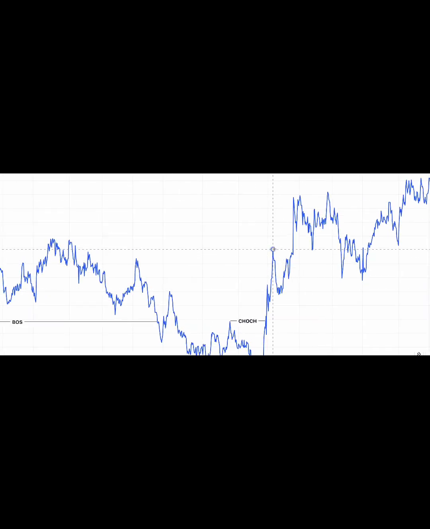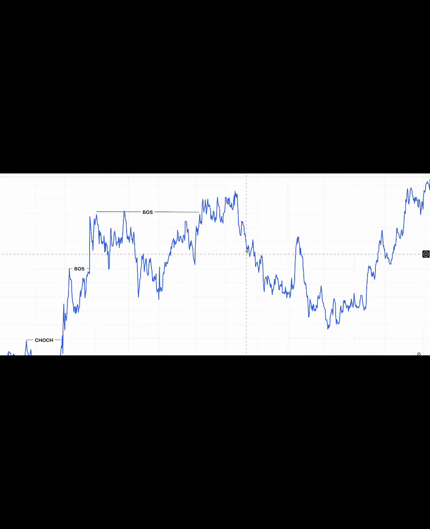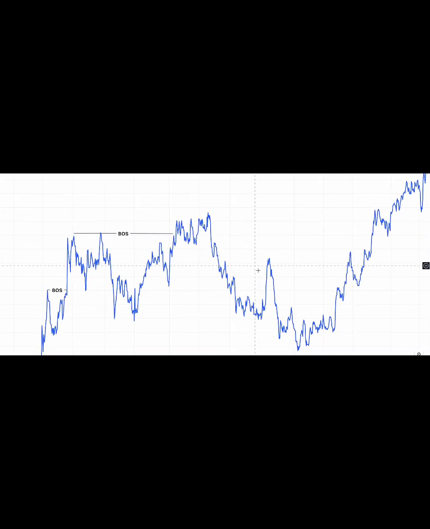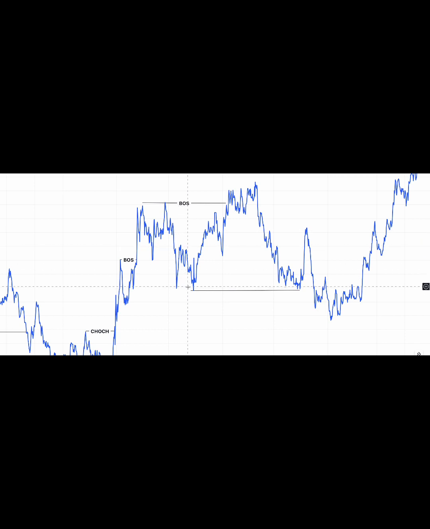Again, it forms another BOS for the uptrend. Another BOS here for the uptrend. And this will be the important low when you see the swing moving like this, right?